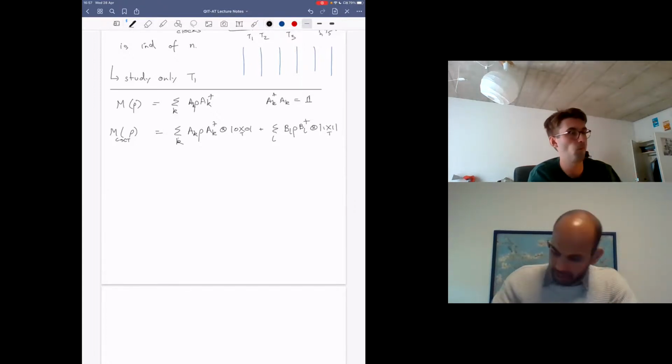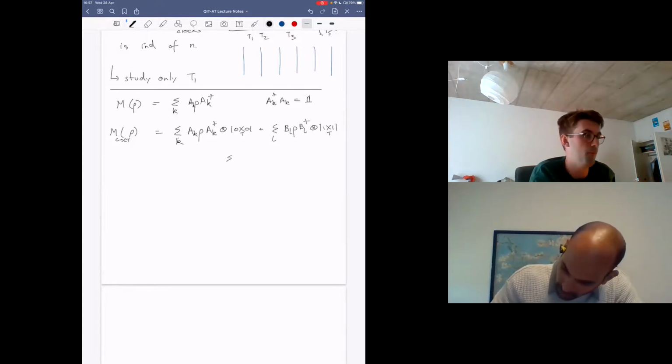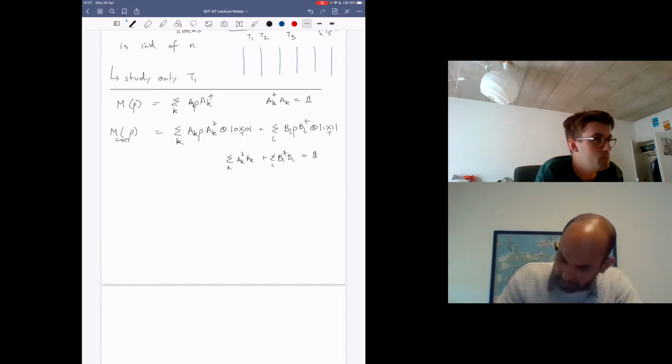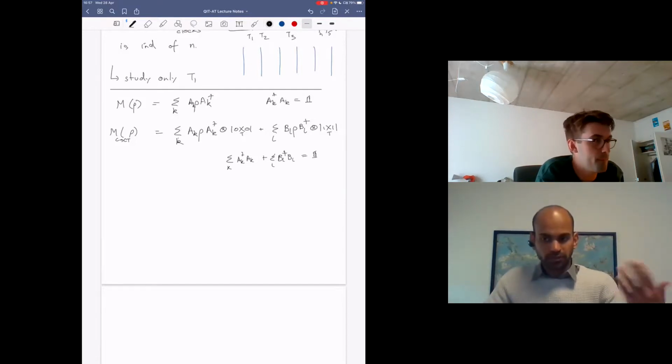Of course the normalization will be the sum over K of A_K dagger A_K, plus the sum over L of B_L dagger B_L, equal to identity. This is just a consequence of the definition of our map.